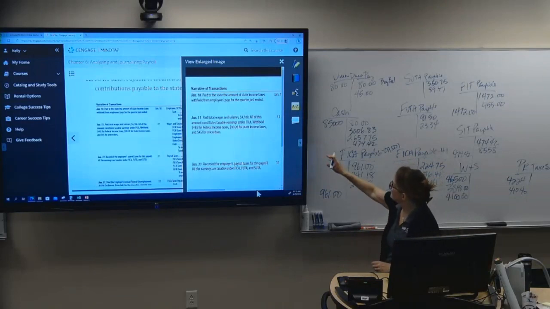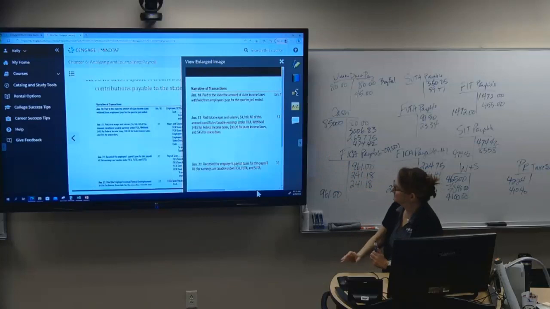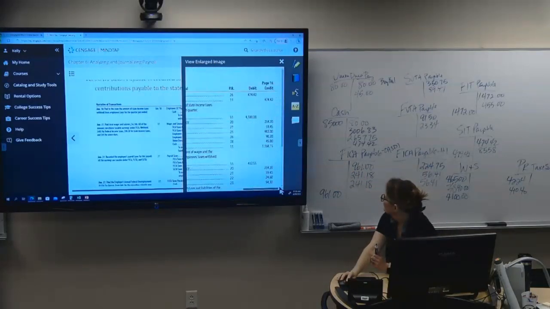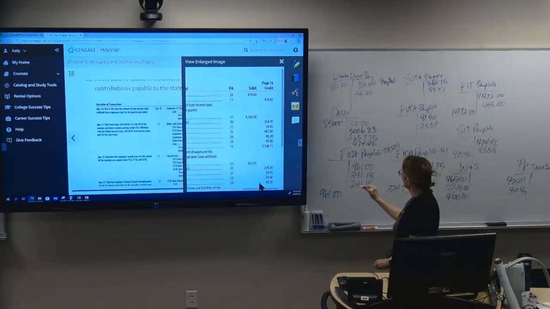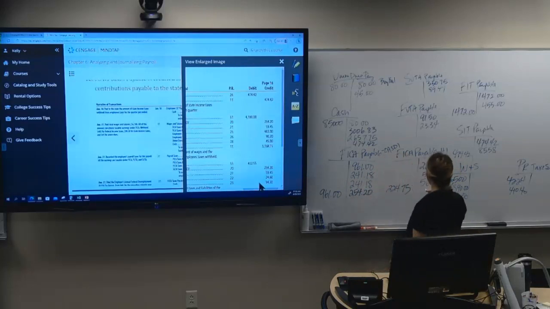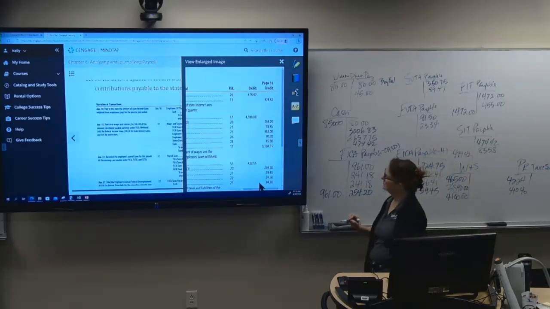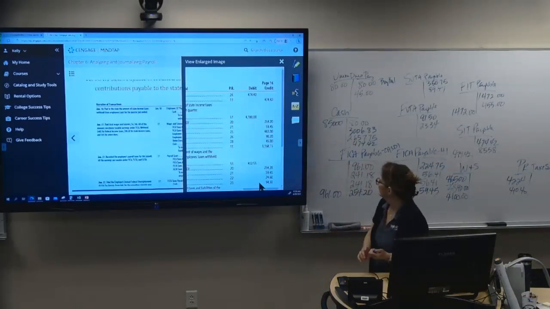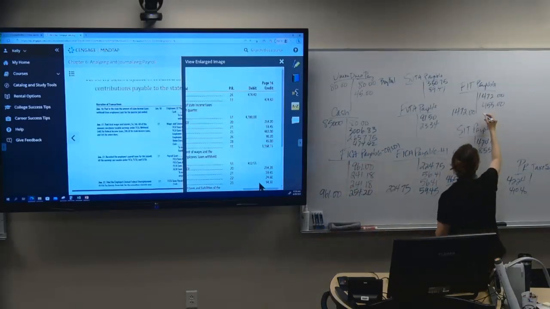And then we had, let's see, here's the amount, so I don't have to calculate it. $254.20 for FICA payable. $59.45 for Medicare payable. $483 for federal income taxes.